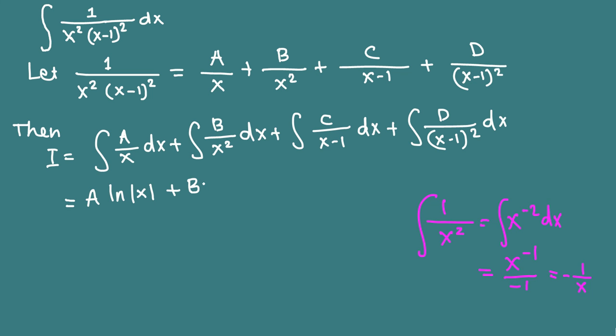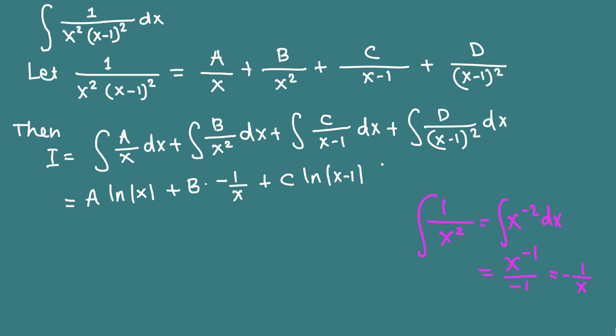So b outside times the integral of 1 over x square, which is negative 1 over x, plus c, a constant outside, times the integral of 1 over x minus 1. The derivative of x minus 1 is 1, so the integral of 1 over x minus 1 is natural log of x minus 1, because the derivative of x minus 1 is just 1.